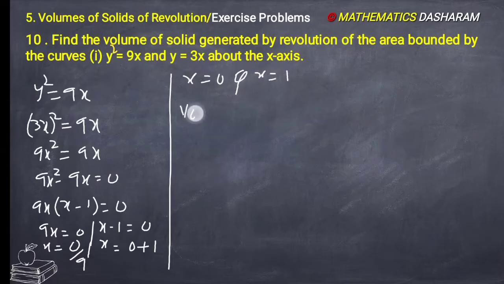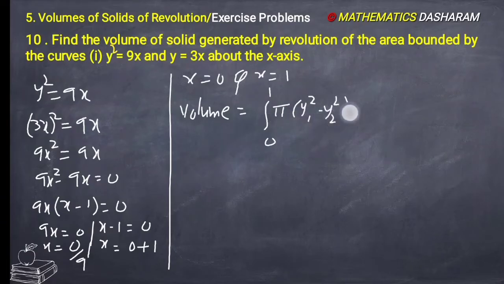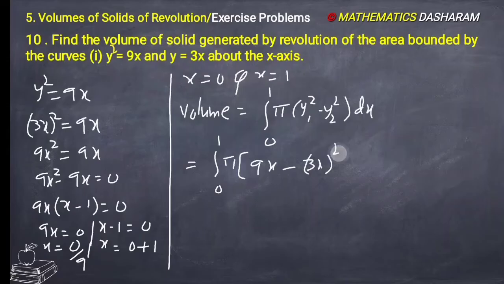So now the required volume equals integration 0 to 1 pi, y1 square minus y2 square dx, because here two curves are given. So integration 0 to 1 pi, y1 square means the first curve, that is 9x, y2 square means 3x whole square, dx.